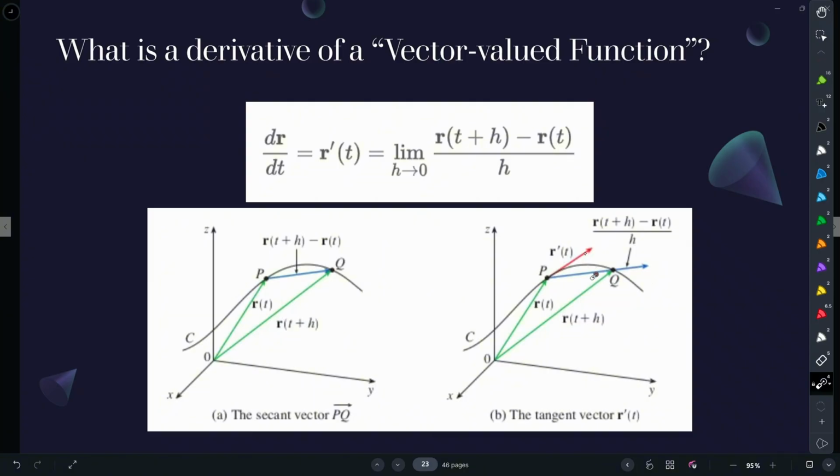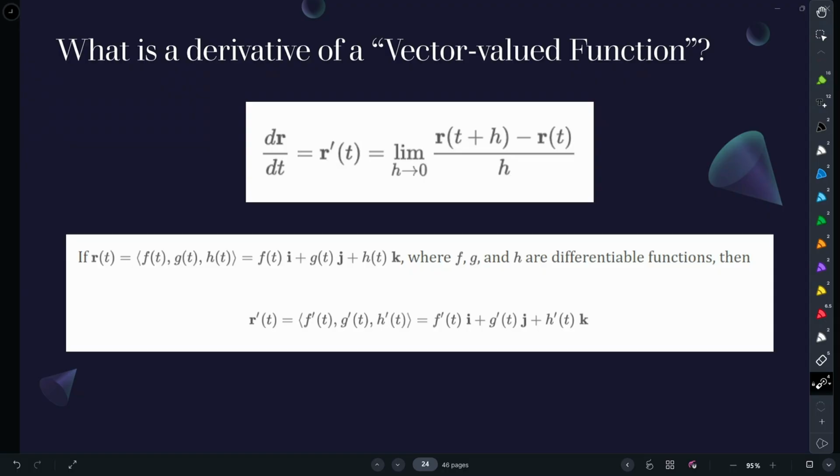When h goes to 0, the answer will be this red vector, which is the tangent vector of the curve at that point. So it will give me a way to find tangents. Once I have parameterized a curve, I will have tangent vectors at any point for that curve. That is how we're going to use these derivatives, to find tangents at points.